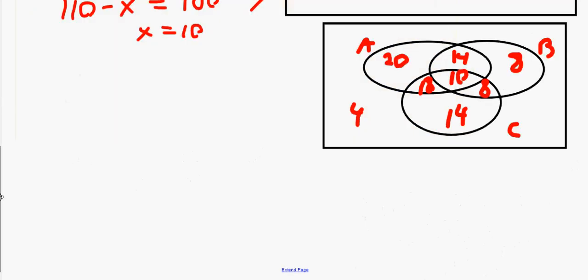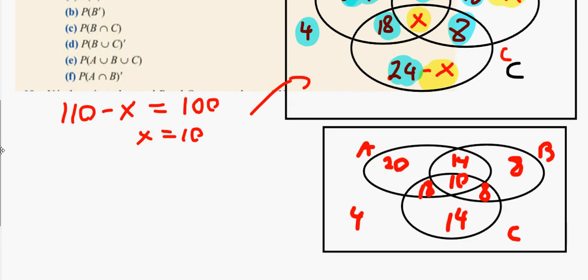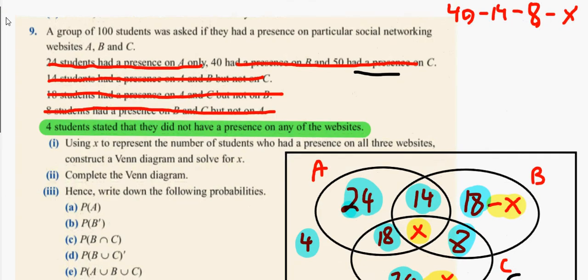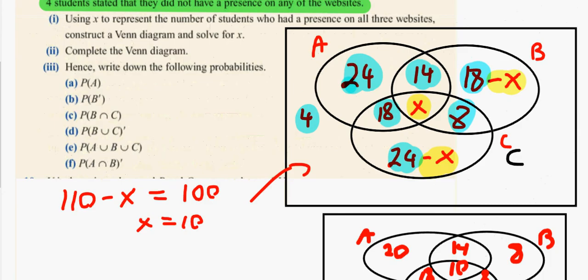What's the probability of A? How many people are inside of A altogether? 18 plus 10 plus 14 plus 20? Oh, A only is 24, my fault. Thank you.